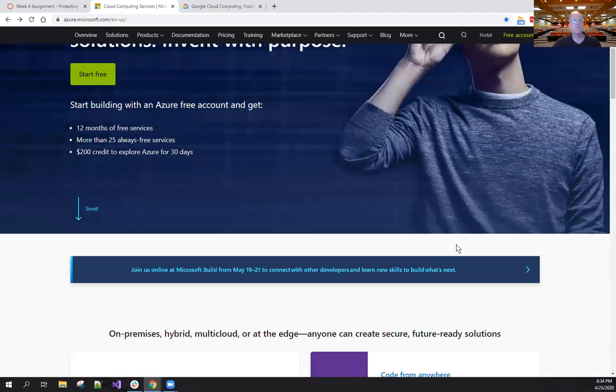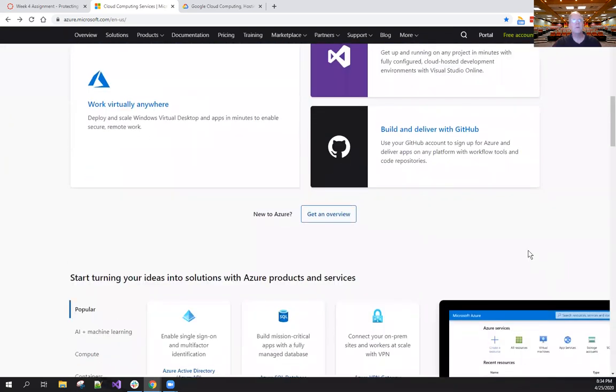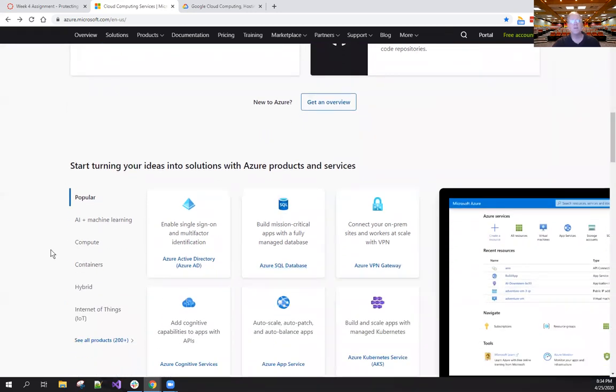Microsoft Azure wants our business too. So the question is, we know the architecture that we want: serverless code and a serverless database. Now, what does Microsoft have for serverless?